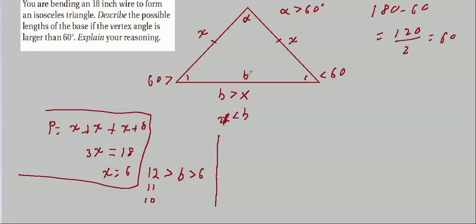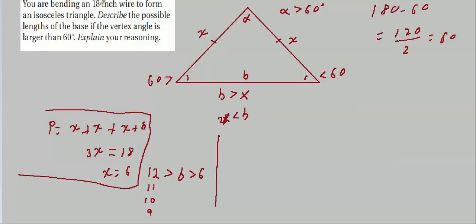But anything less than 9 would. For instance, if we drop down to 8, then we've got 10 left over, and 10 is greater than 8. The way we can decide where to cut this off is to just subtract b from 18.